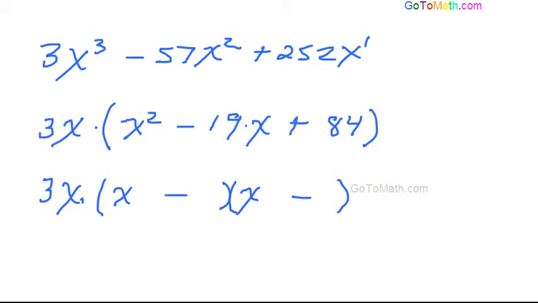So let's see, 84. We can start with 21 times 4. So I'll write these factors in here: 21 times 4 is 84. Now what about 21 minus 4?